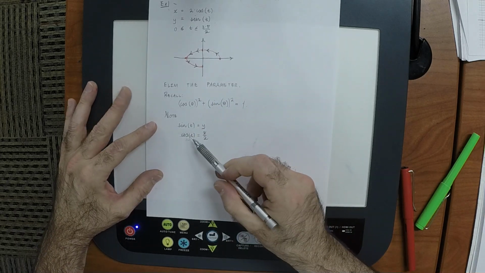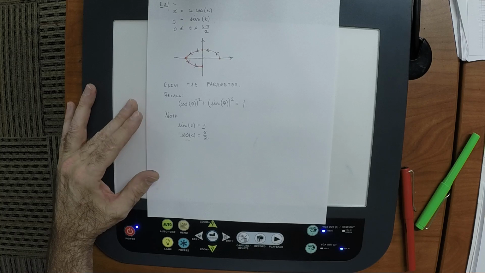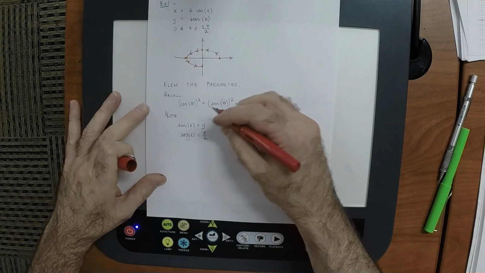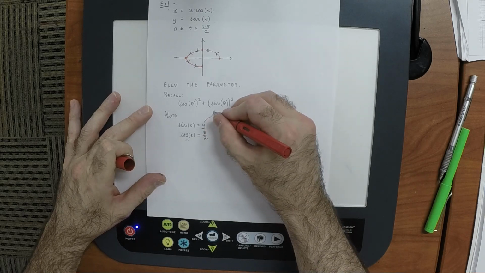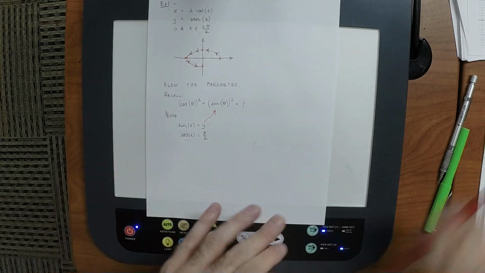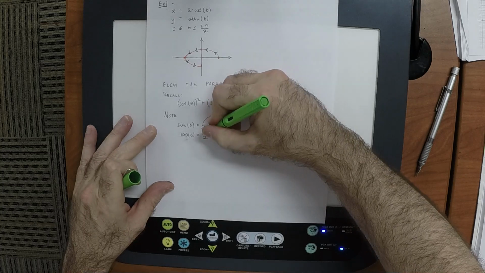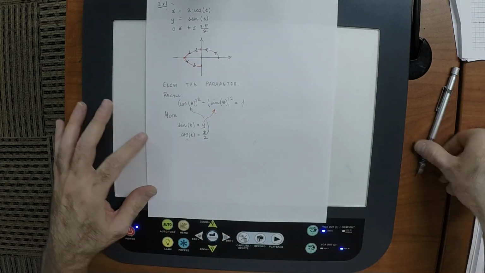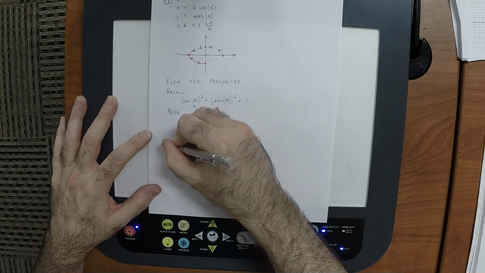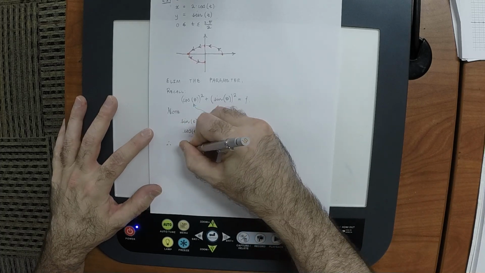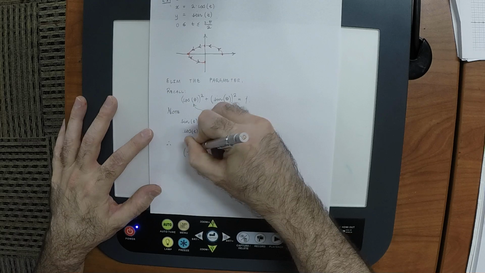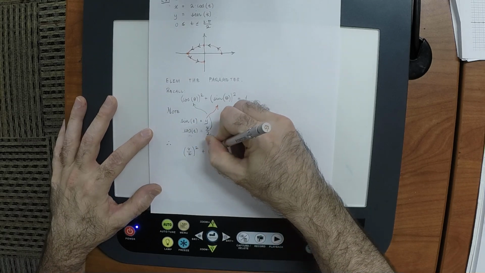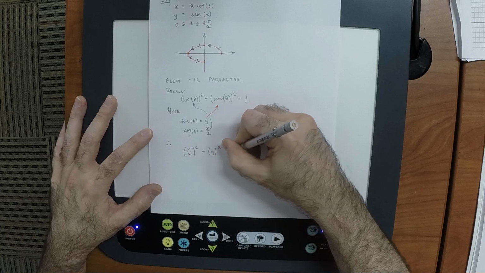Now, I can plug those into the Pythagorean identity, which is to say, this one can go there, and that one can go there. So therefore, what we have is x over 2 squared plus y squared is 1.